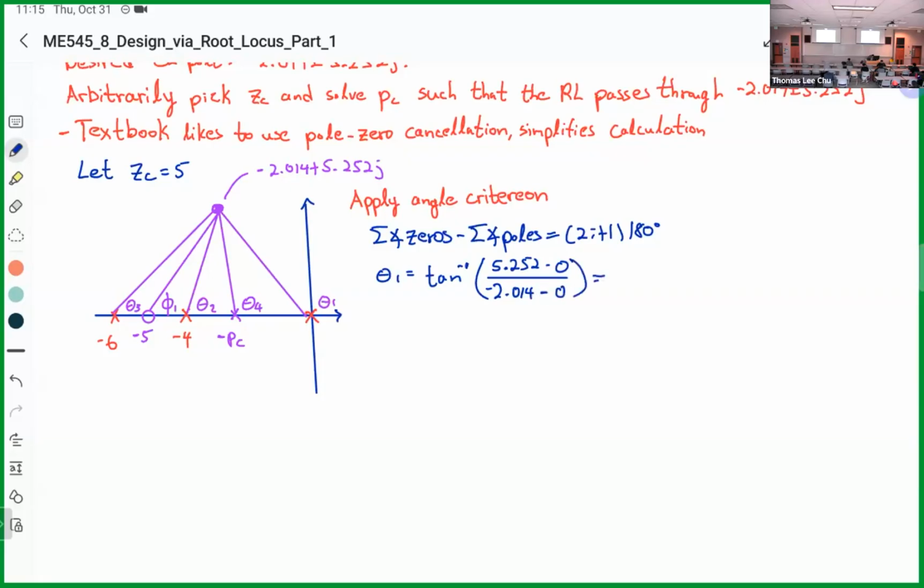We can see this is a quadrant 2 angle. So we're going to be aiming for an angle that is greater than 90 degrees and less than 180 degrees. And in my calculator, it was minus 69.02, but we add 180 degrees to put it in the right quadrant, which is quadrant 2.